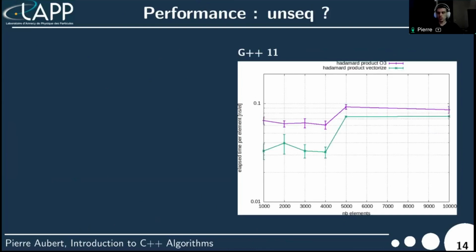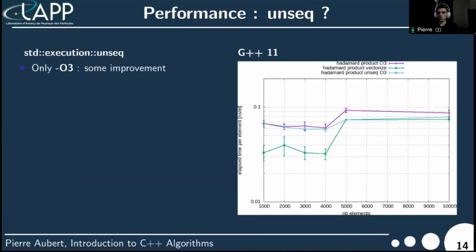I have the vectorized version, vectorized by hand, as I mentioned before. So vectorized with the for loop, with the built-in assume aligned, with everything. And now I can compare to the Adam product unseq O3, so not vectorized, but quite fast.